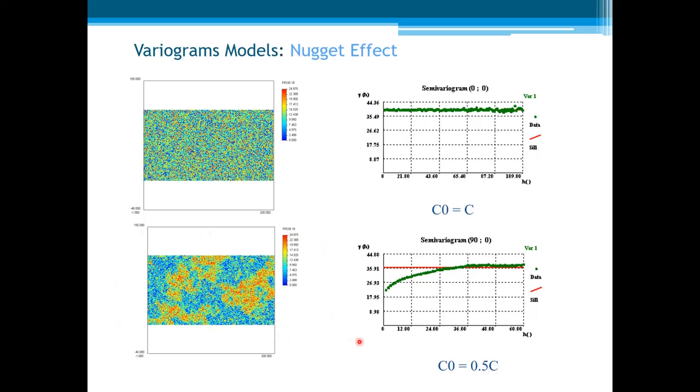This is extremely important to model appropriately this parameter, the nugget effect, because it represents a lack of our knowledge about the phenomena. And it has a very high impact on the posterior steps of a geostatistical study, like the spatial estimation.